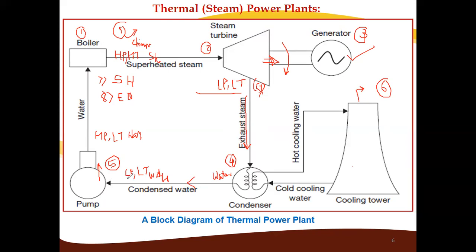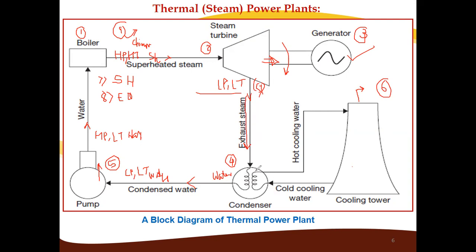So starting from this low pressure, low temperature water, it gets supplied to the boiler. We get high pressure, high temperature steam. Then we supply it to the turbine. We get work, and that high pressure, high temperature steam gets converted into low pressure, low temperature steam. And this steam is again converted into low pressure, low temperature water by means of the condenser.